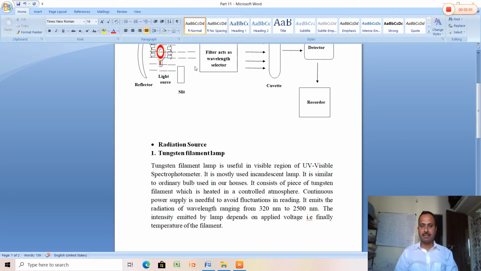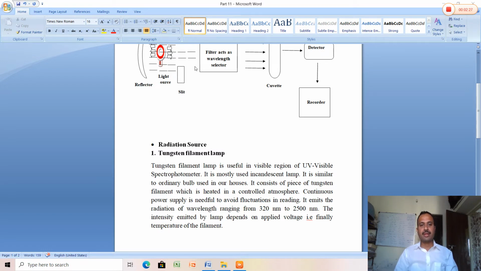The tungsten filament lamp is useful in the visible region of the UV visible spectrophotometer. The visible region generally starts from 380 to 800 nanometer, and in that particular region the tungsten filament lamp is used.